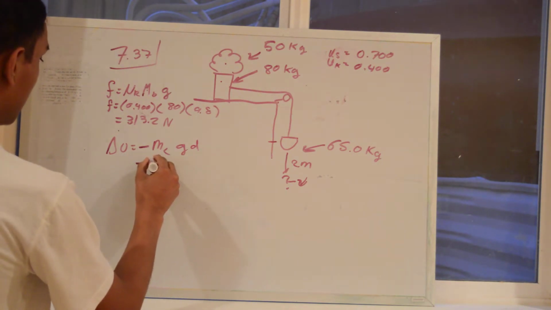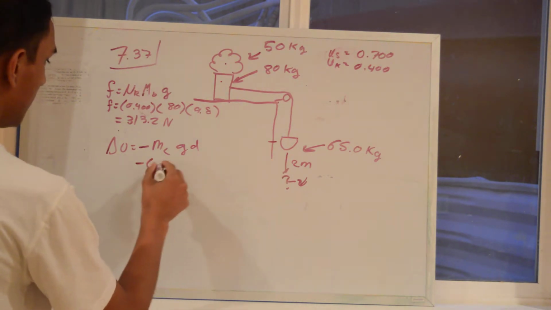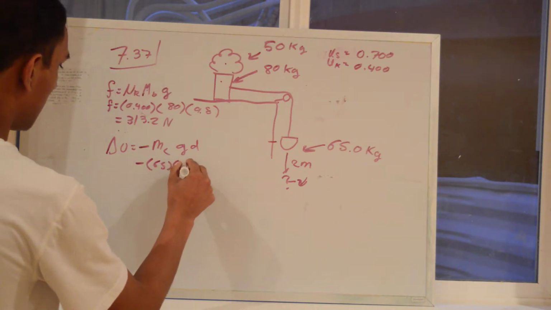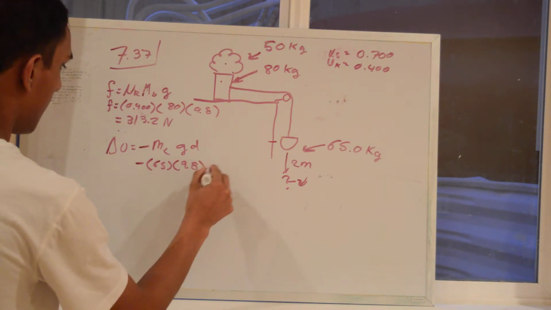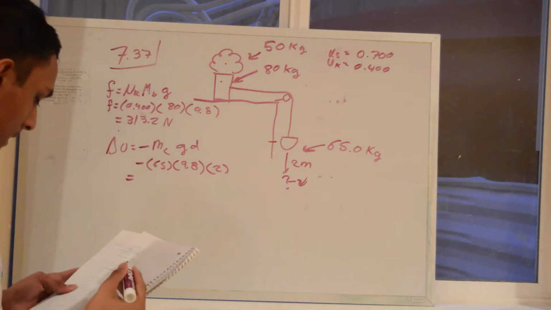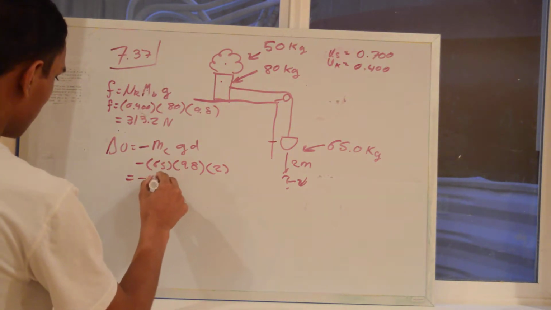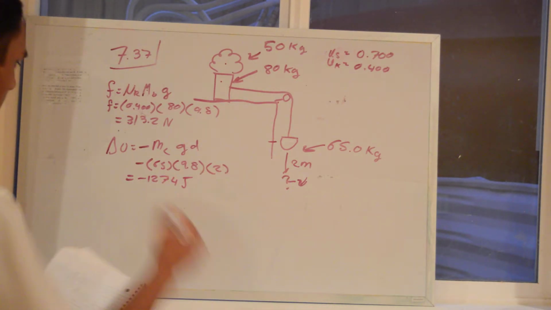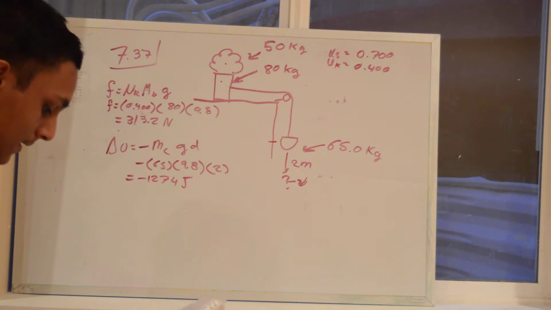And once again, we just plug the numbers back into it. So negative mass of concrete 65, gravity is 9.8, and the distance is 2. And you get the final answer of negative 1,274 joules.